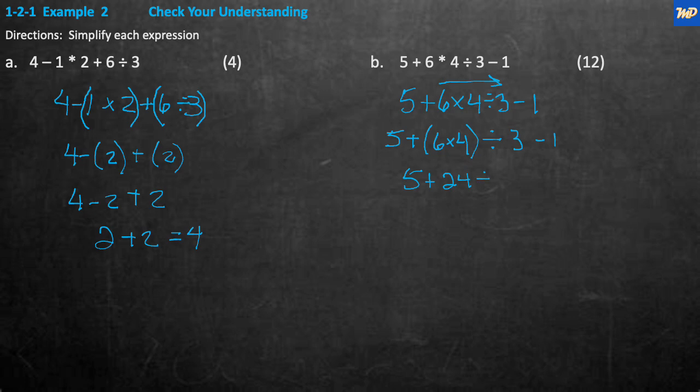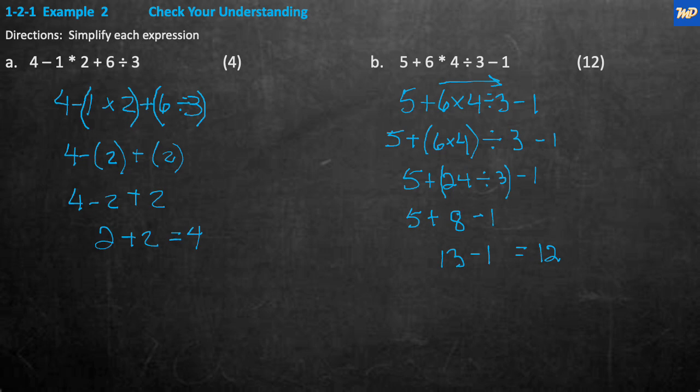Now we can do the division, 3 minus 1. And again, we have division, so we're going to put braces around this, because now we have to do this. We're going to say 5 plus 24 divided by 3 is 8 minus 1. Then we go left to right on the addition subtraction. 5 and 8 is 13 minus 1, and that equals 12.